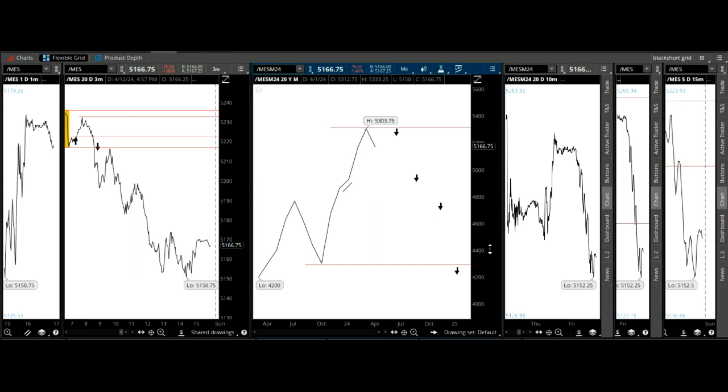So going out into spring, summer, we can expect somewhere around here. The monthly time frame is coinciding and aligning with the weekly time frame.